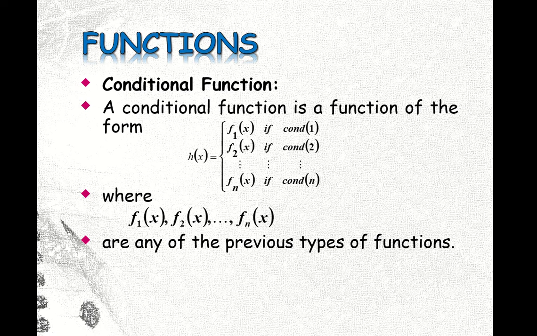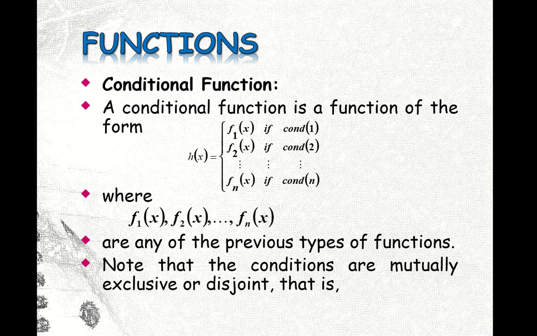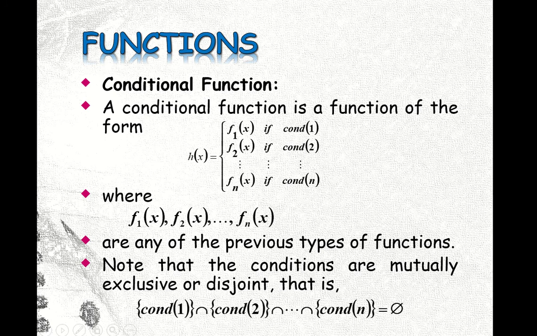It depends on what functions. We have discussed the previous types of functions, so it can be any of them. And note that the conditions are mutually exclusive, or disjoint. That is, condition 1 intersect with condition 2, and so on, intersect with condition n, equals the empty set.